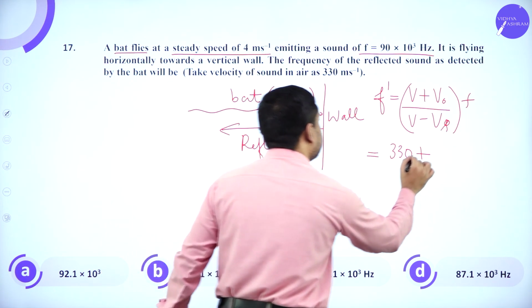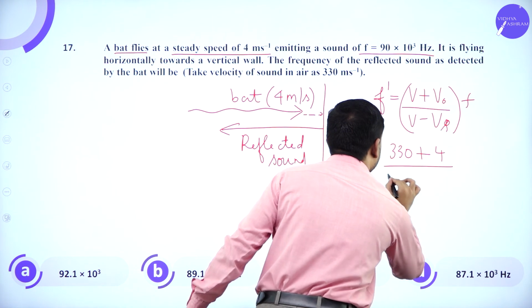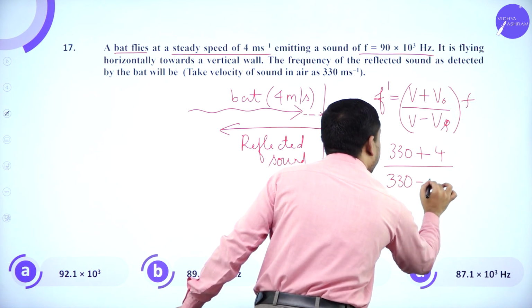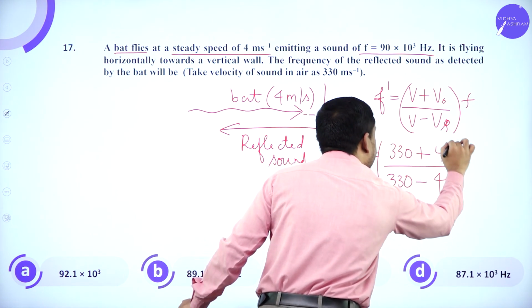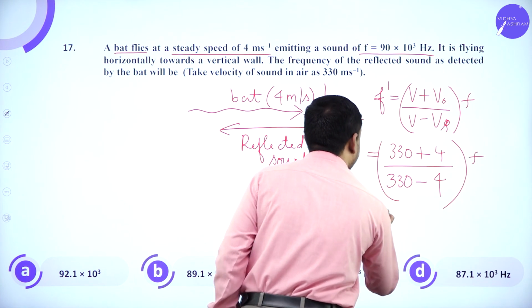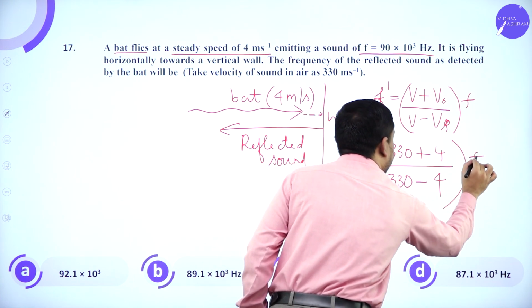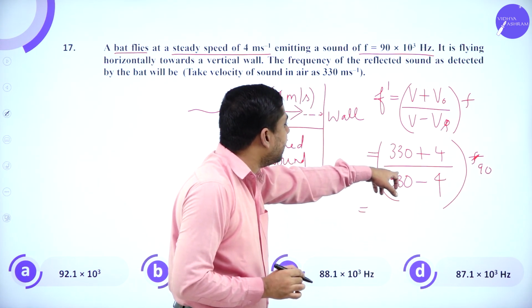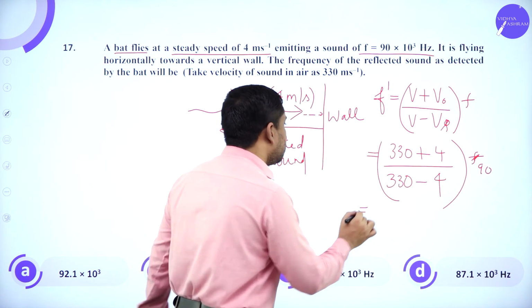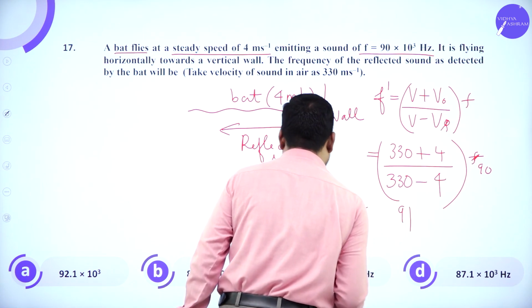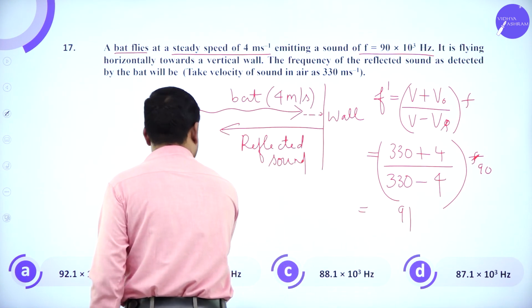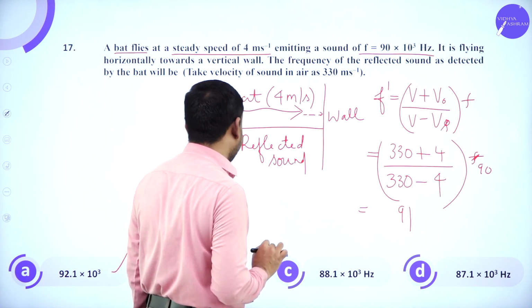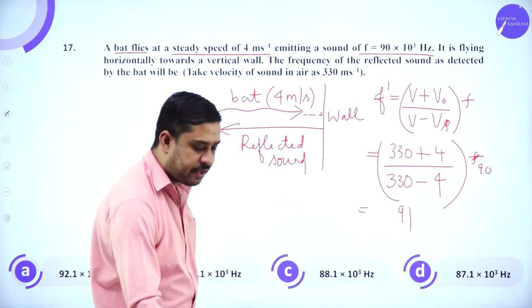What is its velocity? 4. 330 minus 4. The bat itself is the source. So F is 9. So this is slightly more than 1. So somewhere approximately 9.1. So the answer has to be 9.2.